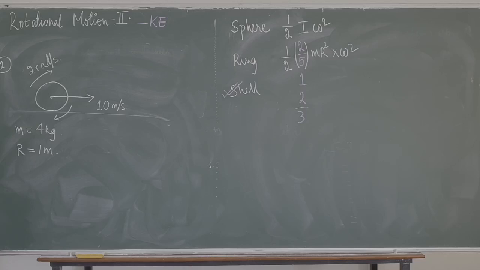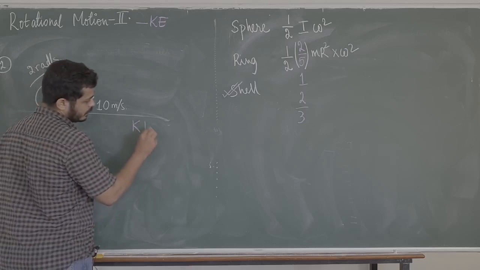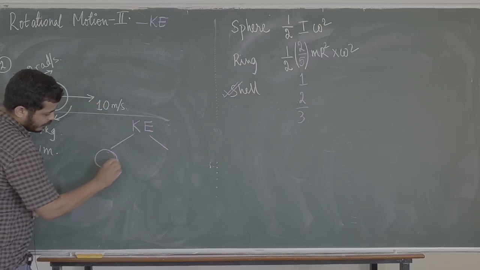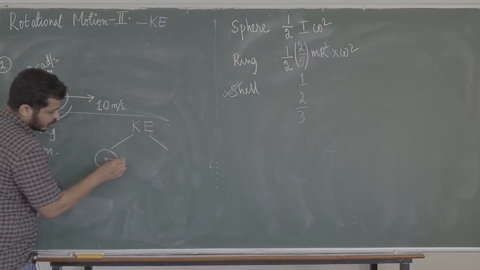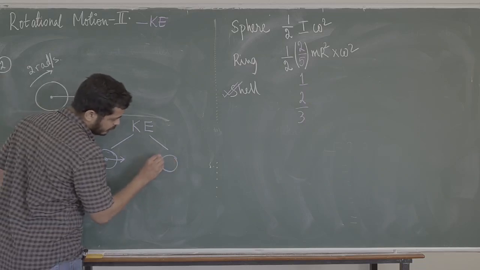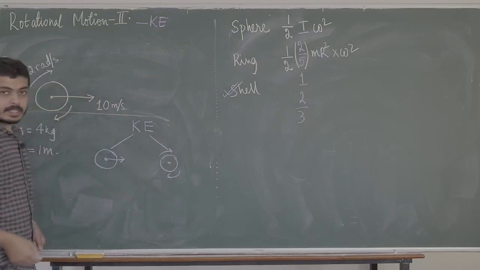Whether it is rolling or not, we'll see later on. Try to understand that the kinetic energy of this disk is because of two things. If the disk is moving, just because of its motion it is going to have kinetic energy. If the same disk is just rotating, then because of its rotation also it will have kinetic energy.